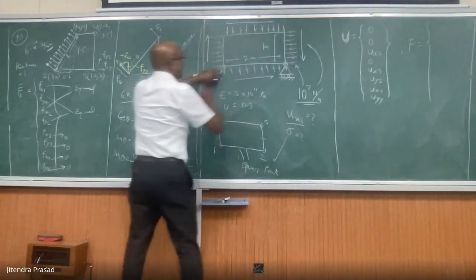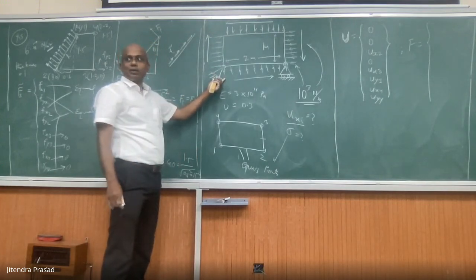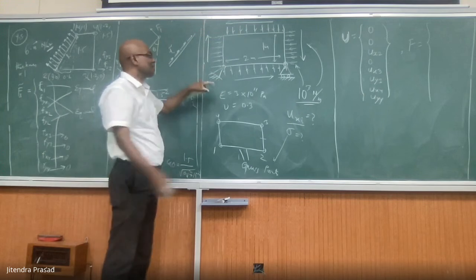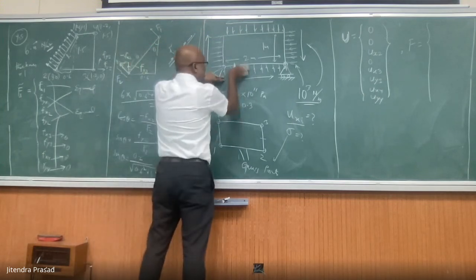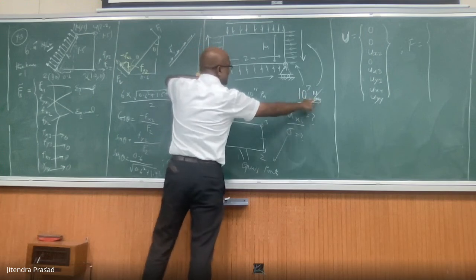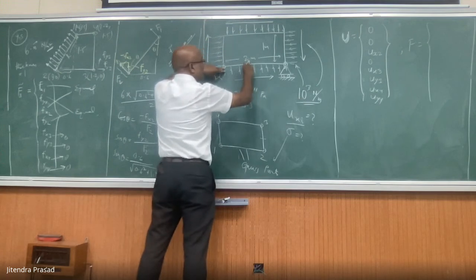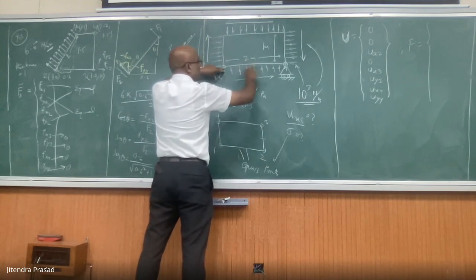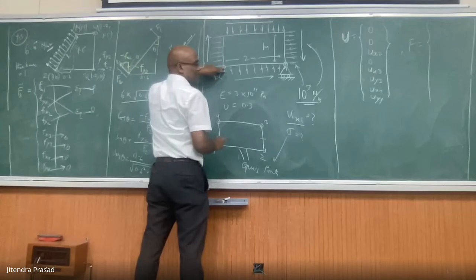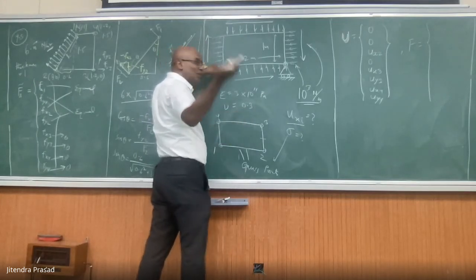Can you find out what the forces are? A little bit complicated, but you can find out. So this is all upwards, and it says 1000 Newton per meter multiplied by 2 meter. How much do you get here? 2000 divided by 2, which is equal to 1000.